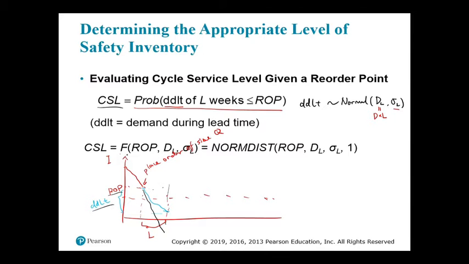As long as we find out what DL and sigma L are, we can write this probability as the CDF function for demand during lead time. This function means the probability of demand during lead time being less than or equal to ROP.